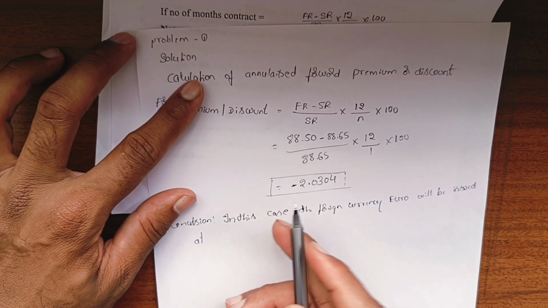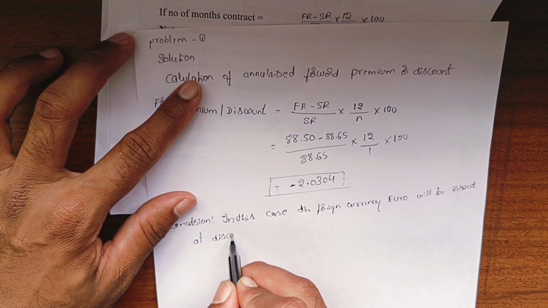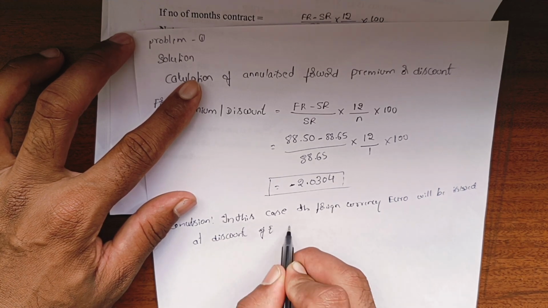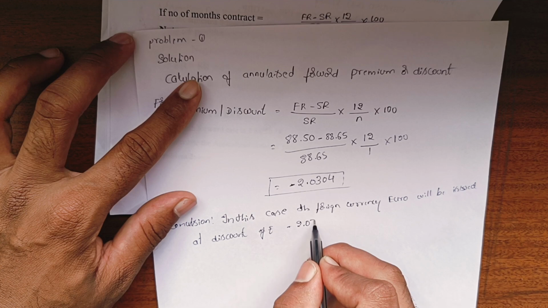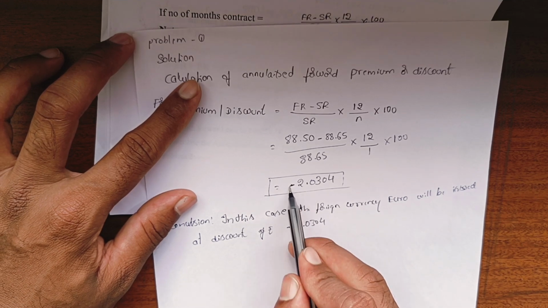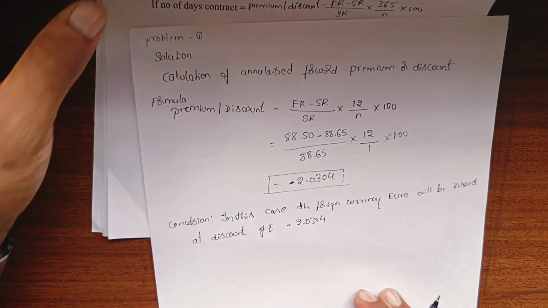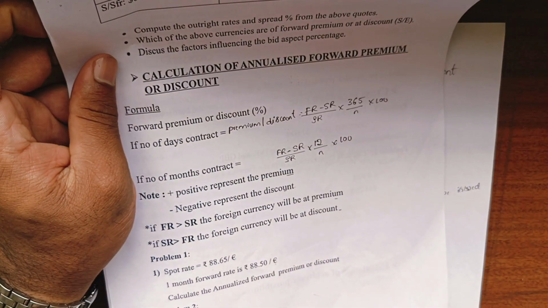This is a minus value, which means discount of rupees minus 2.0304. If it is positive, then we will write premium. That's it. So now we are done with problem number 1.